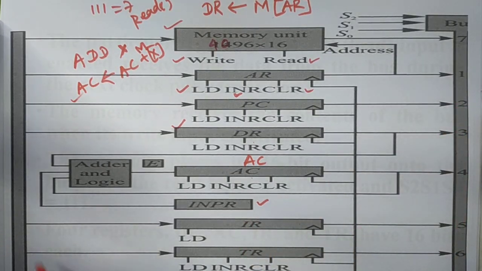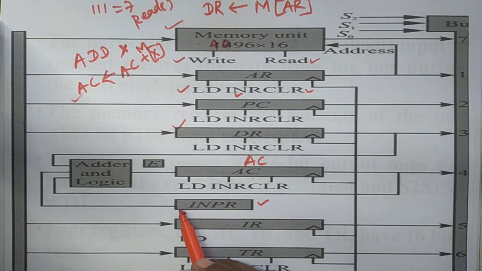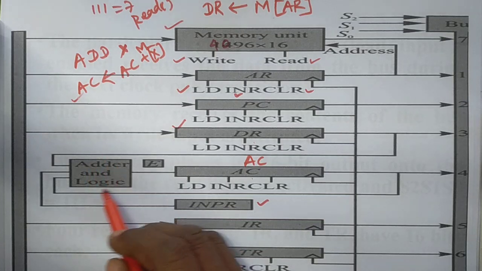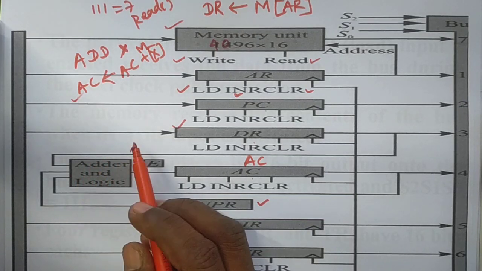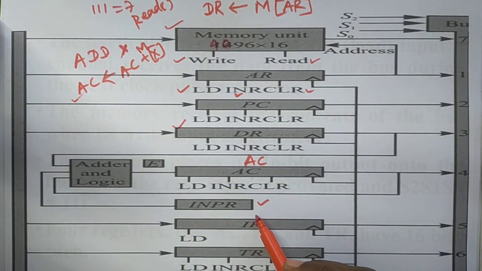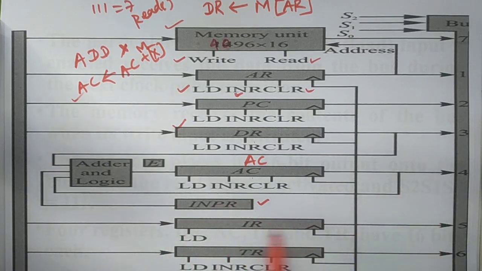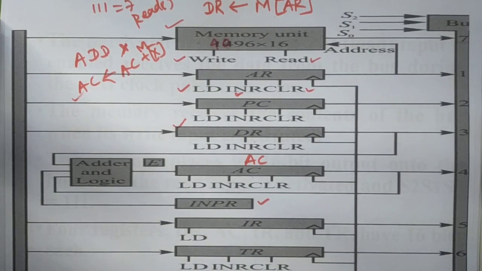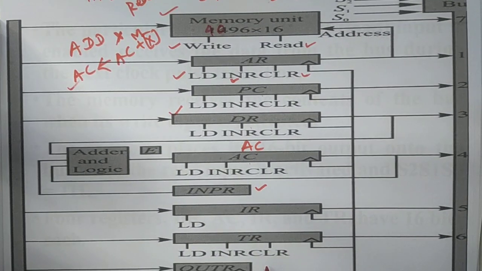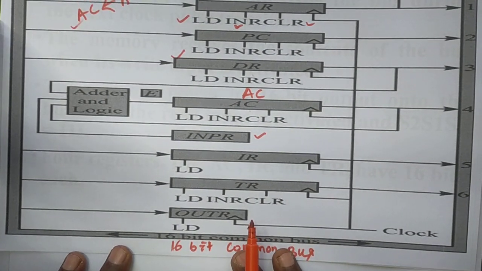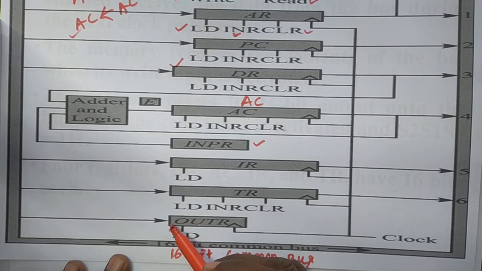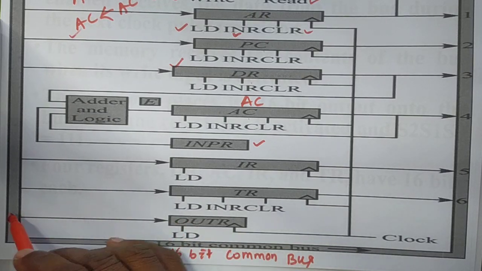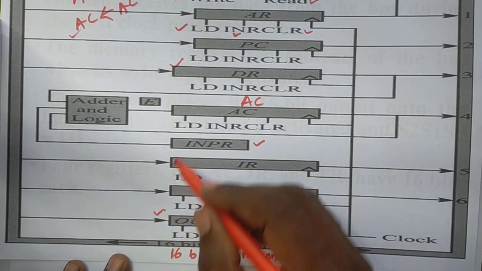Similarly, there is no link from the input register to the common bus. But the output register receives the data from the common bus.